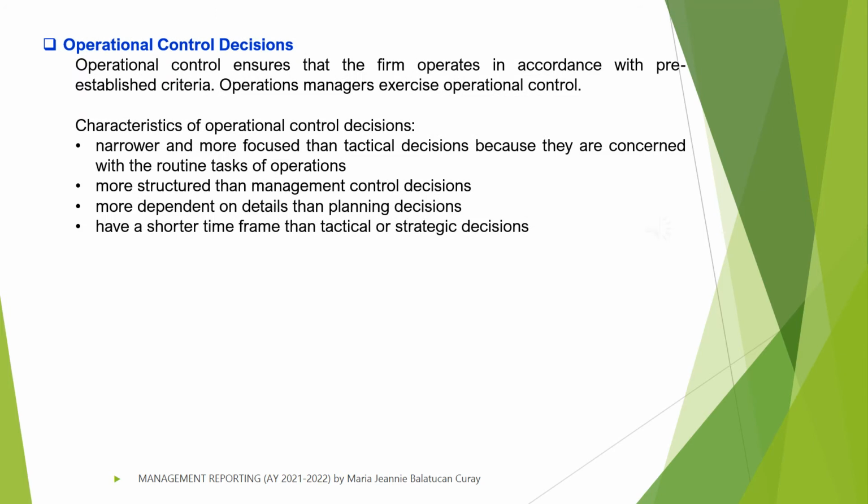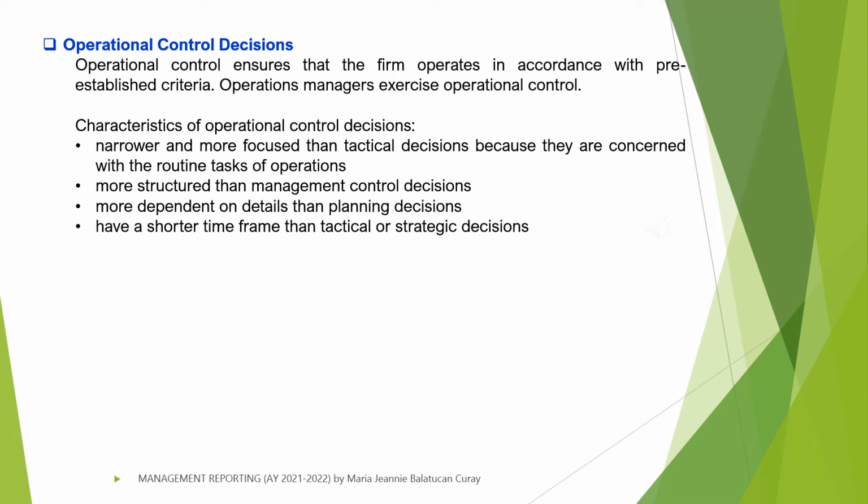Operational control decisions. Operational control ensures that the firm operates in accordance with the pre-established criteria. Operations managers exercise operational control. The characteristics are: it is narrower and more focused than tactical decisions because it is concerned with the routine tasks of operations. It is more structured than management control decisions.